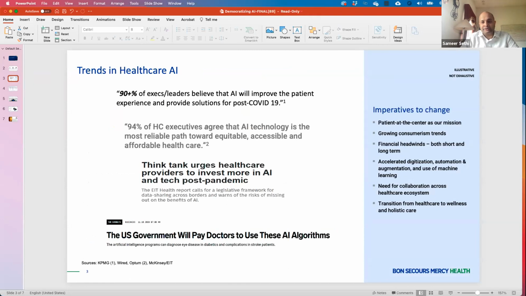As you can see on the screen, there are quotes issued in the public domain today that show that AI is here to stay. So we at BSMH have made this a priority and made a commitment to embed AI in different ways into the way we work, and also make it a key area for our growth.